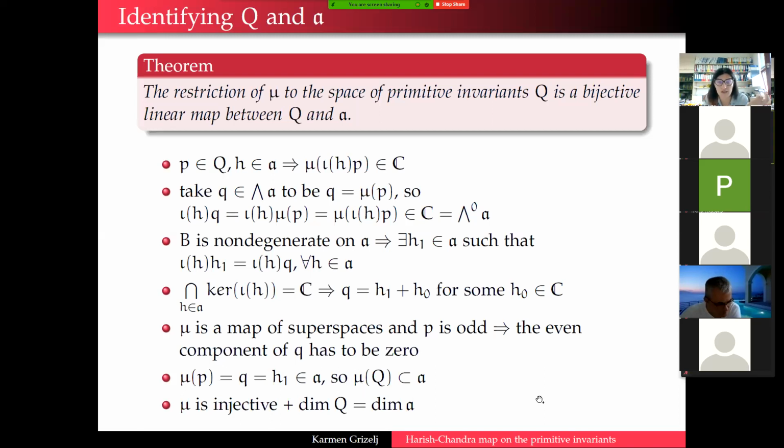And I also mentioned at some point that Q and A have the same dimension. So we have an injective mapping where the domain and codomain have the same dimension, so it actually has to be an isomorphism of vector spaces.